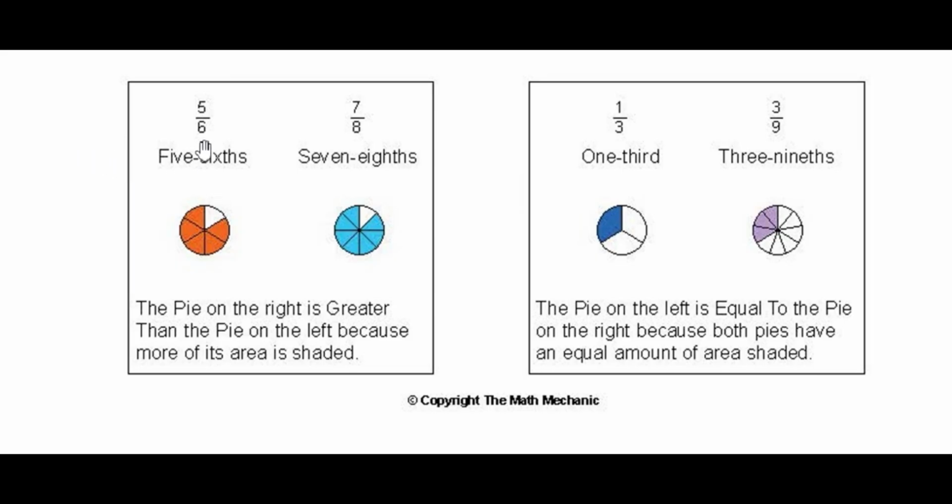We're going to compare the fractions 5/6 and 7/8. The pie that represents the fraction 5/6 is below right here. The pie that represents the fraction 7/8 is right here, this one below.